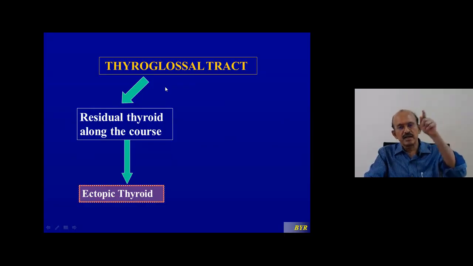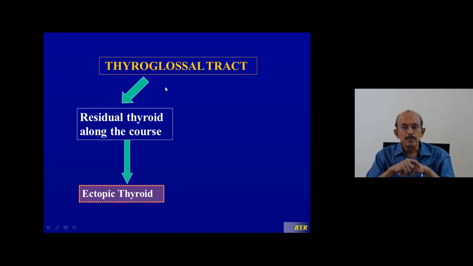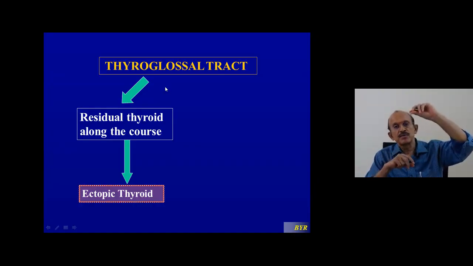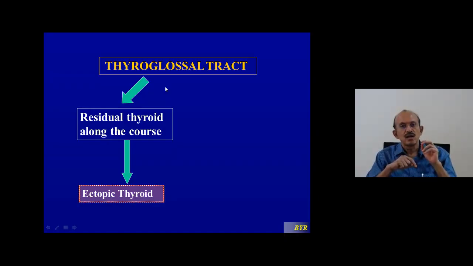We have seen the course of the tract coming from the foramen cecum through the tongue into the hyoid bone, from there in front of the thyroid cartilage, in front of the cricoid cartilage, then in front of the trachea. Once it develops into the thyroid gland, the tract gets obliterated and disappears, just like the processus vaginalis. Sometimes in this tract, it develops additional thyroid gland, or it may develop thyroid gland not at the trachea but at some other place. So there may be residual thyroid along the course, producing ectopic thyroid gland.